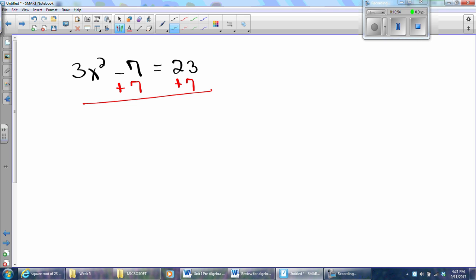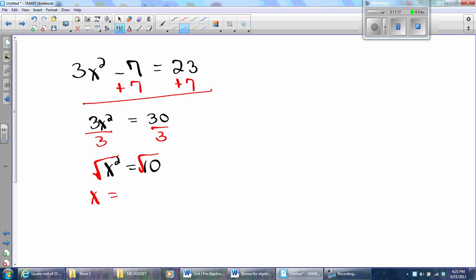and I'm going to get 3x squared equals 30, and then I'm going to undo the multiplication, right? And then I'm going to get 10, and then I'm going to take the square root of both sides. That's how I'm going to undo the exponent in this case. So I know that x is going to be equal to plus or minus the square root of 10.